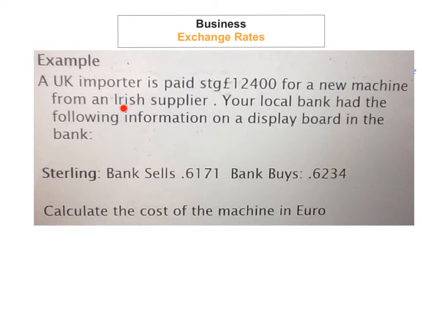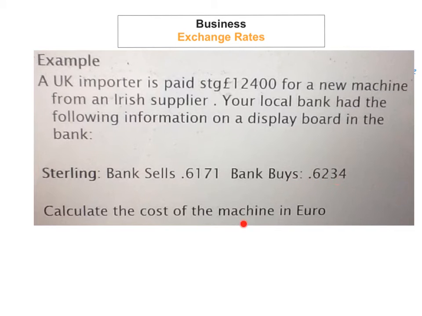Right, so we're going to do an example now. A UK importer is paid 12,400 sterling for a machine from an Irish supplier. Your local bank had the following information on display. Sterling, bank sells at 0.6171, bank buys at 0.6234.